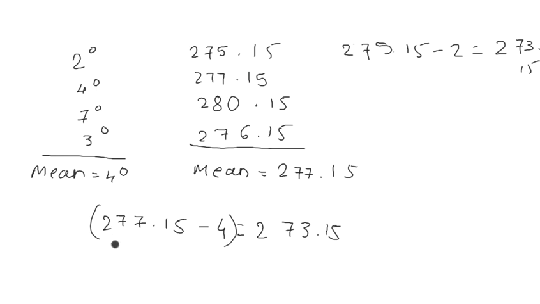So the final answer is 4 degrees in Celsius, and here our final answer is 277.15 kelvins. So here each observation is increased by 273.15, so the final answer is also increased by 273.15.